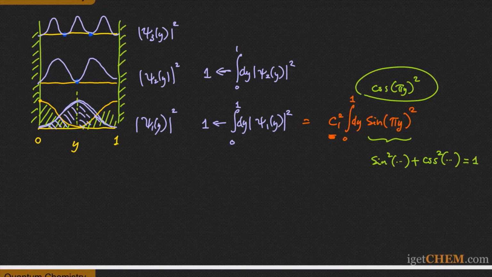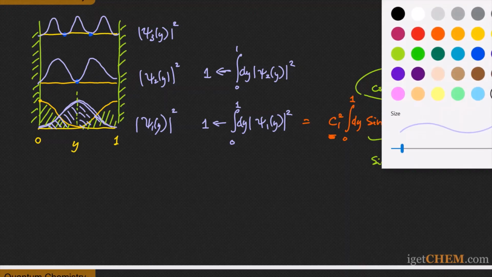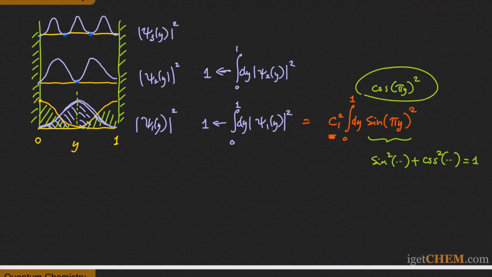These two halves are the same. And because sine squared and cosine squared have to add up to be equal to 1, if you add them up, the total is that. So clearly, the integral of 1 over this entire region is just 1 because the y range goes from 0 to 1. The height is just 1.